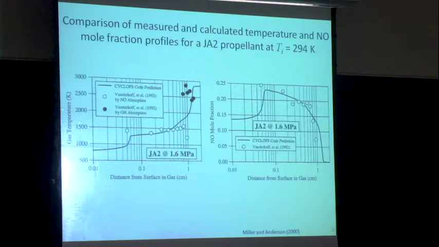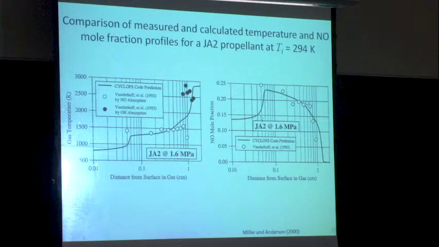But in addition, they did model some of the species and temperature, and you can see here, this is a plot of the temperature profile, and again you can see this multi-stage: the first stage, the dark zone, and then the second stage reaction. Using absorption techniques, either absorption with NO or hydroxyl radical, they were able to back out temperature profiles in different regions, and the calculations do a relatively good job of predicting the temperature profile, qualitatively.